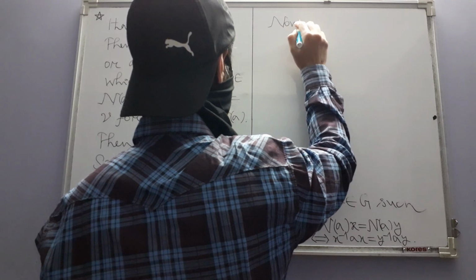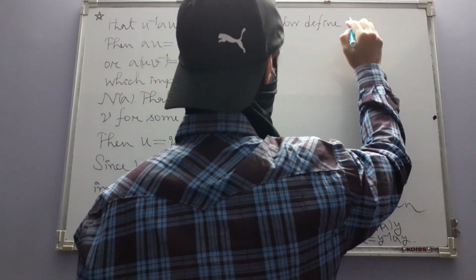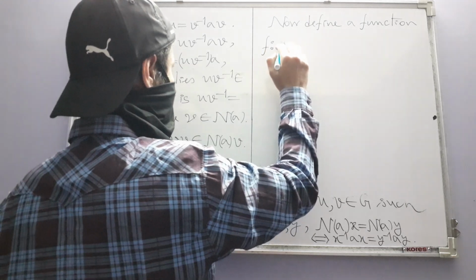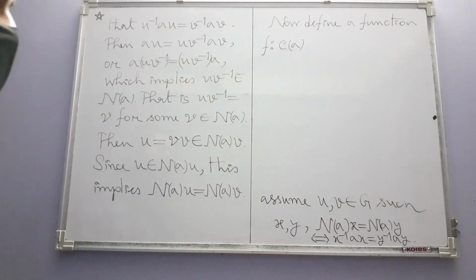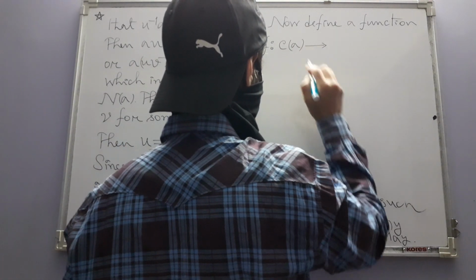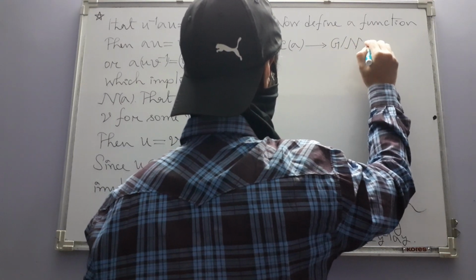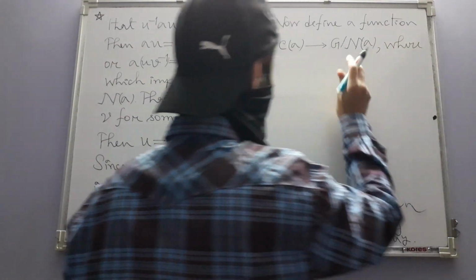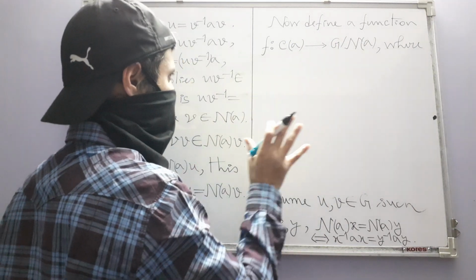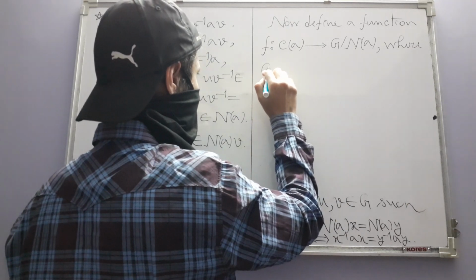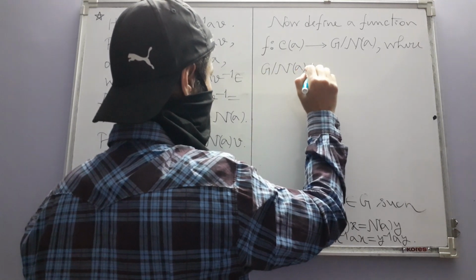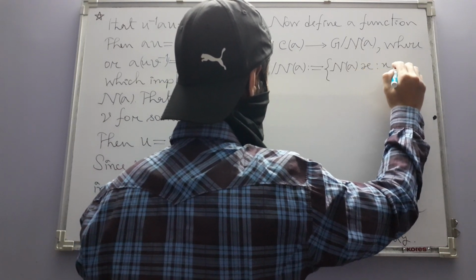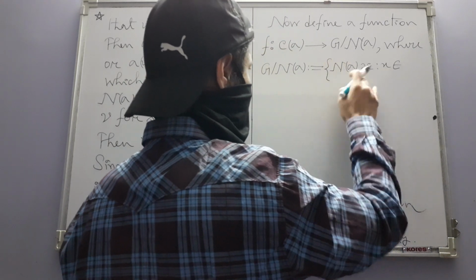Now define a function f from the conjugate class of A into G slash NA, where this notation may be confusing, but it is something that is actually used, where G slash NA is the set of all right cosets of NA in G.